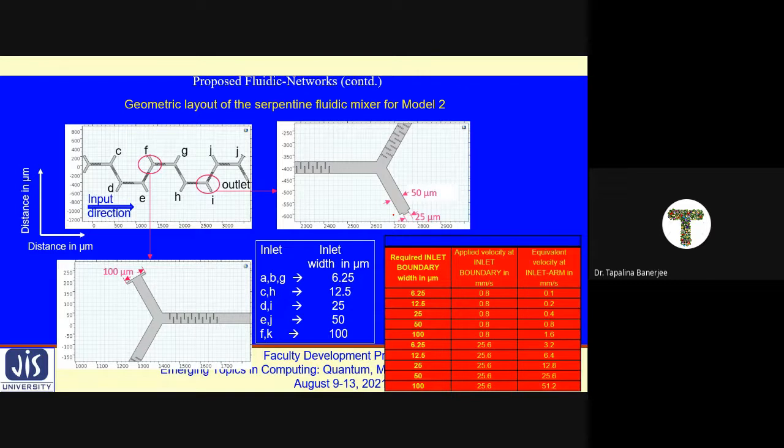These are very simple tricks but help a lot to reduce the applied velocity to only these two, whereas in the previous model, we needed to inject with this number of different injection velocities of the fluid at each inlet.